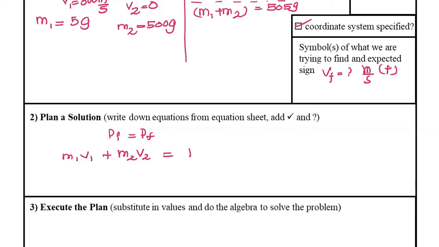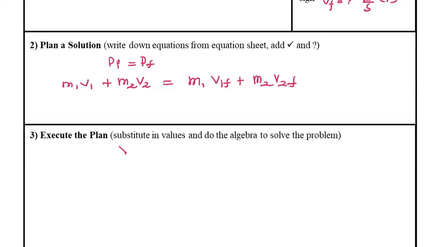Okay, so let's plan the solution. Initial momentum of the system is equal to final momentum, mass times velocity. So we know that this system has the combined speed.